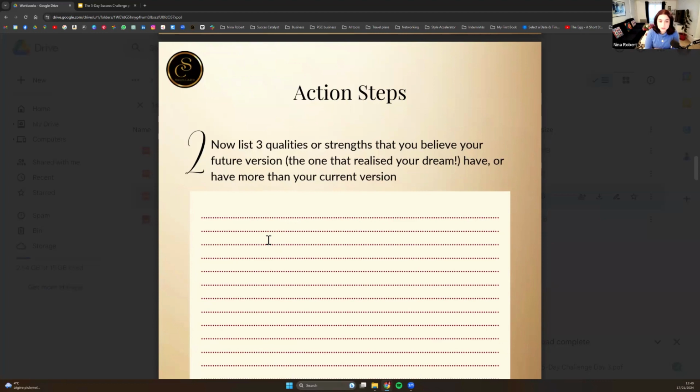So if you want to become a successful business owner, or if you are already a business owner that you want to scale your business internationally, let's say, think of 3 qualities or strengths that this kind of person has, or has more than your current version. So try to picture your future version and try to compare it to your current version and try to see what kind of qualities could be better.